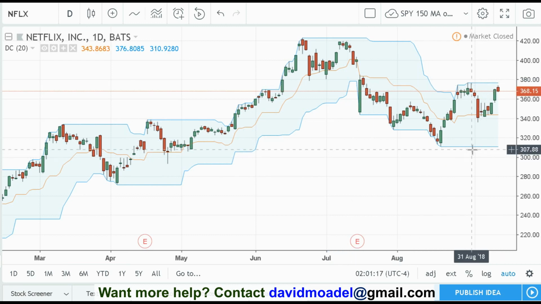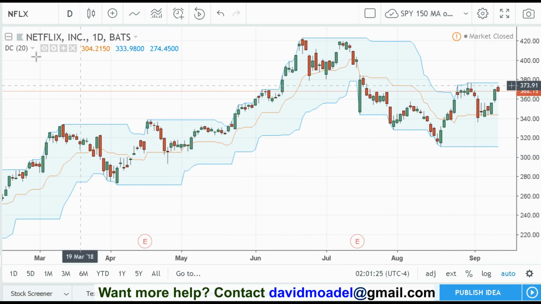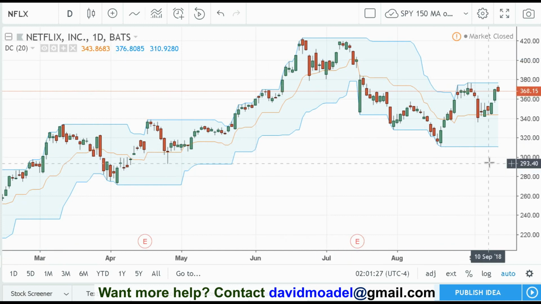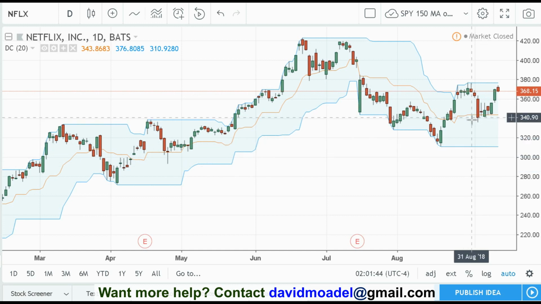And the lower line, the lower band here, as you might guess, is the lowest price of the last 20 days, or whatever look back period you choose. All right, so you've got the 20-day high up here and the 20-day low down here. And the midline, the center line, is just the average. So you take the 20-day high and the 20-day low, add them up, divide by 2. That's your center line. Simple as that.